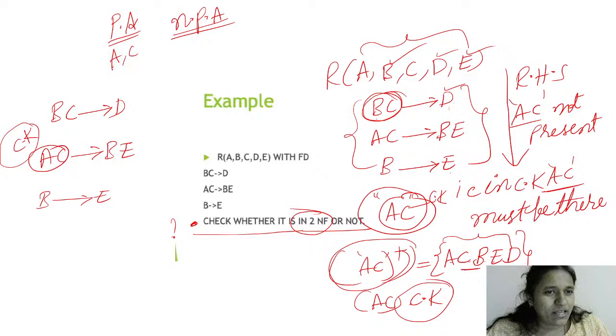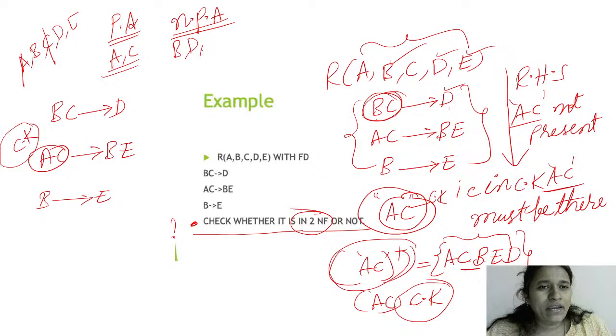A, C are the prime attributes here. What are non-prime attributes? The given relation has attributes A, B, C, D, E. A, C are prime. The rest of the attributes are non-prime. B, D, E are non-prime attributes.